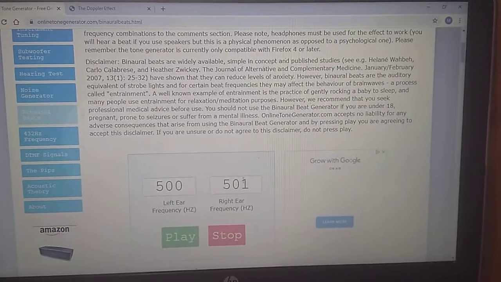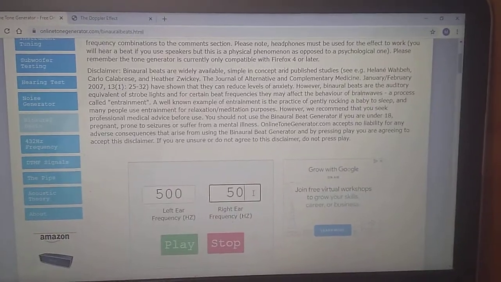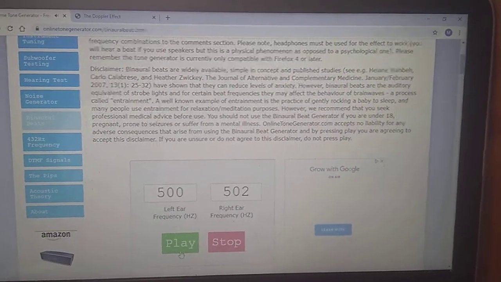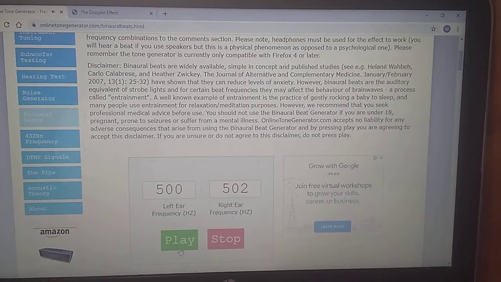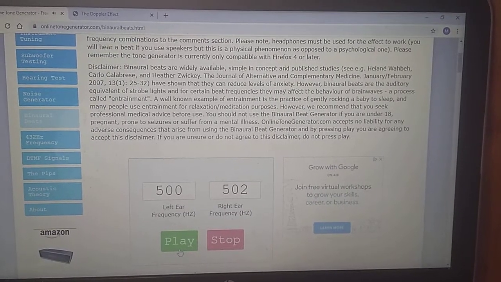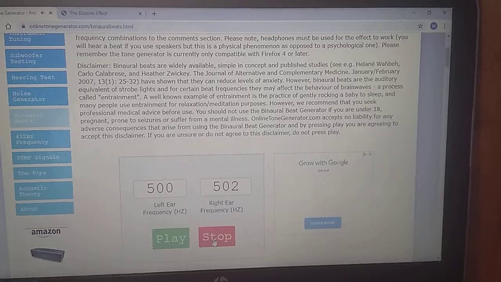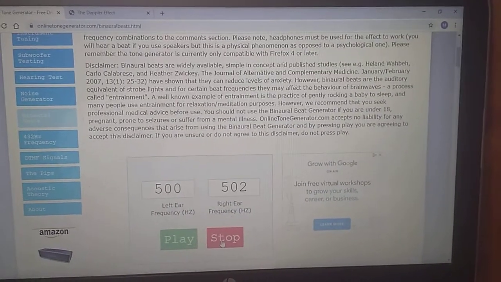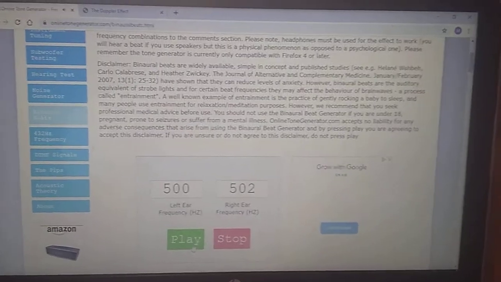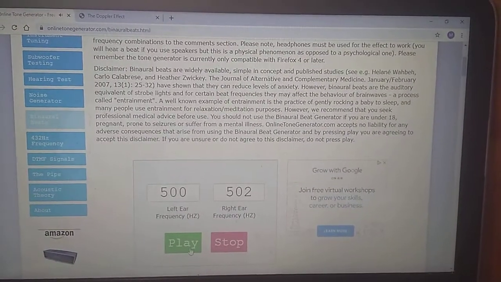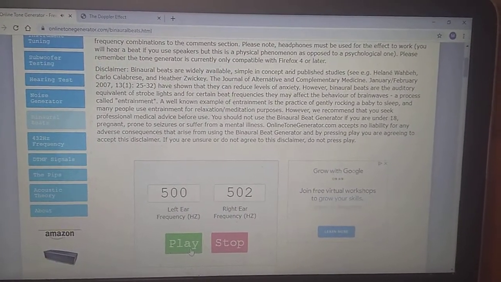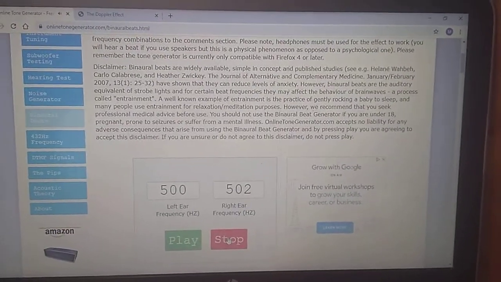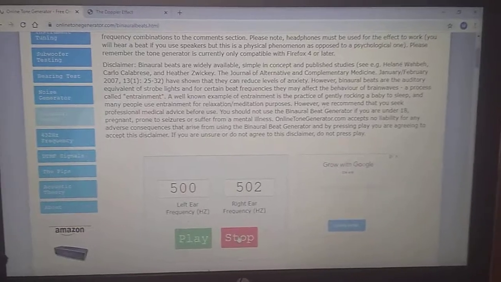Let me raise the right-hand frequency to 502. That sort of pulsing sound is greater. And actually, if you think about the frequency at which it was happening, if you were to put a timer up to that, you would see that there's about 2 pulses per second.